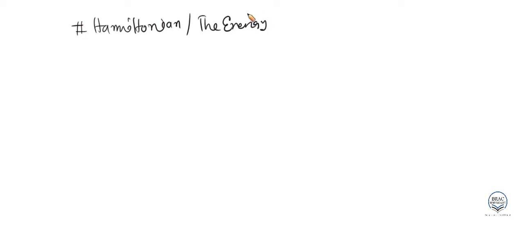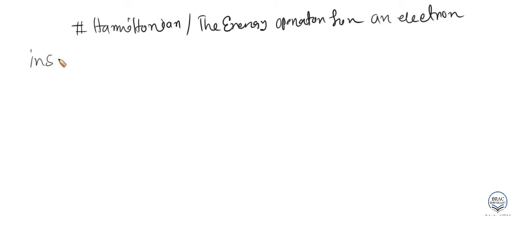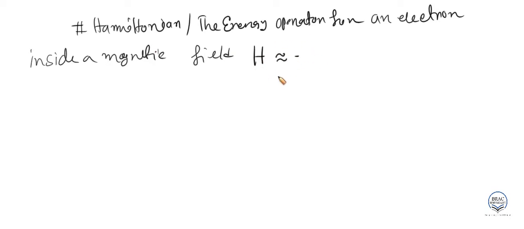For example, the Hamiltonian operator, Hamiltonian slash the energy operator for an electron inside a magnetic field, if you write it as H, it will be similar to, and I'm writing similar because there might be numerical constants and stuff like that, the magnetic moment times the spin operator.